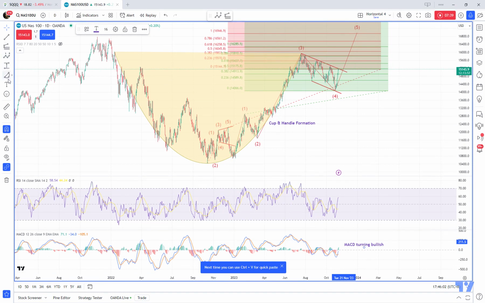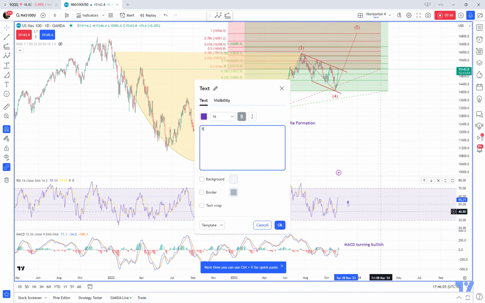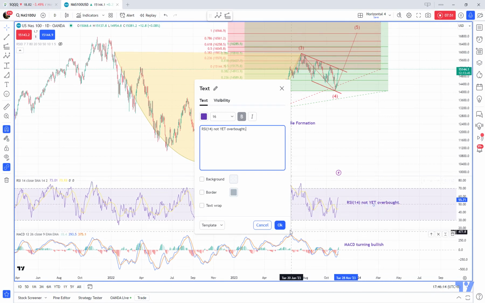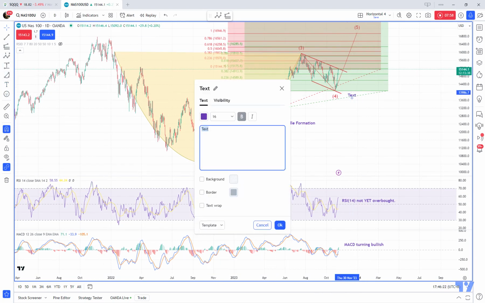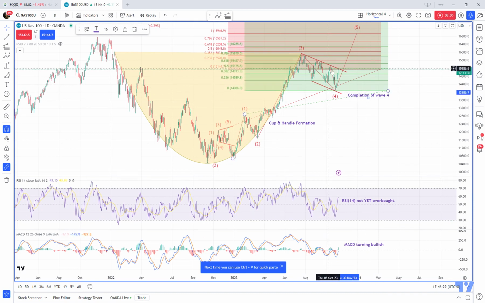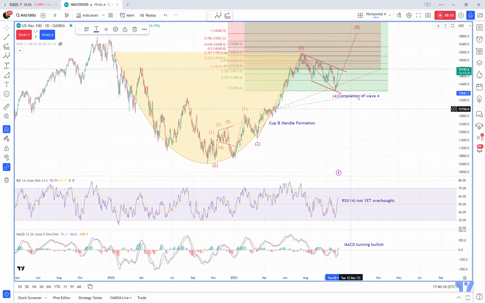And then we have this RSI 14, not yet overbought. Then we have the completion of wave 4. Okay, so this will be our primary count.